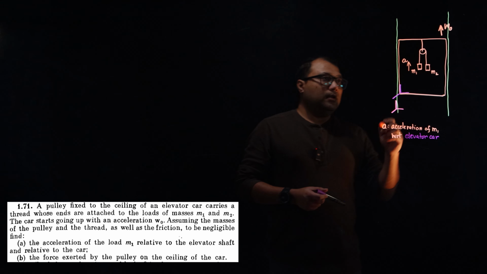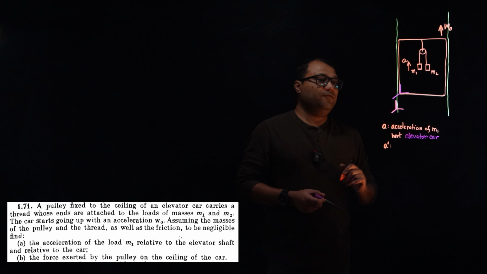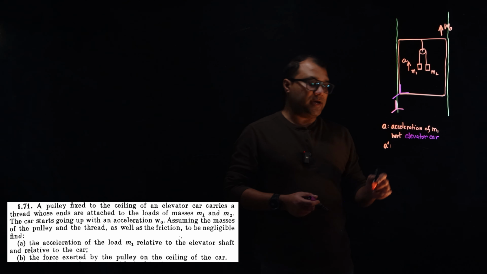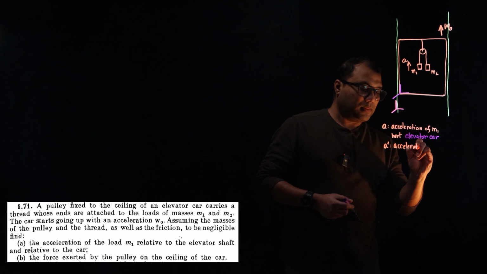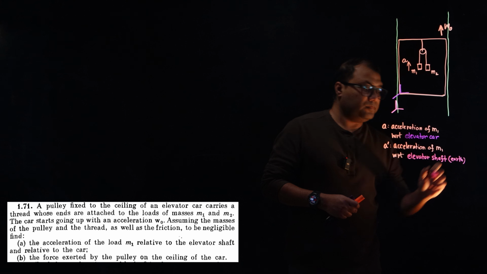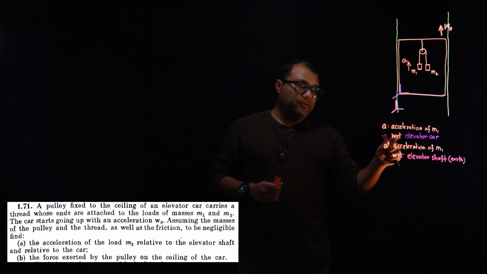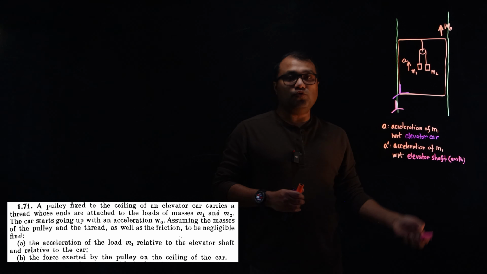Now let's say A dashed is the acceleration of m1 with respect to elevator shaft or earth. So it's important to make the differentiation. It is with respect to what?